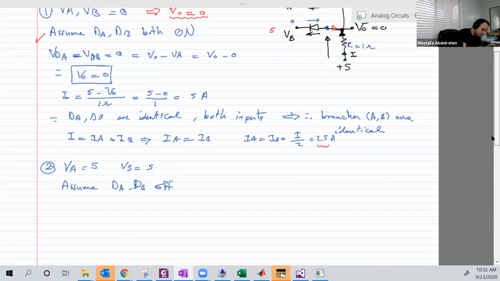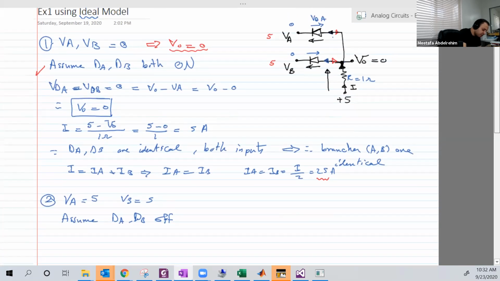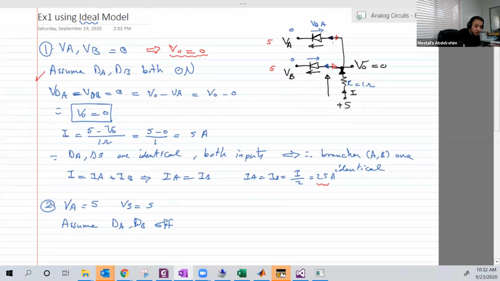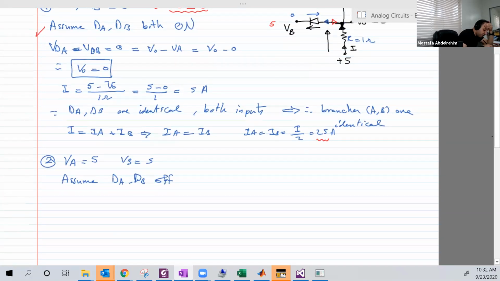If they are off, the voltage is not known, because it may be 0 down to minus infinity. We don't know exactly, but we know it should be 0 or negative. But we know the current. Since they are off, both currents IA and IB should be zero.